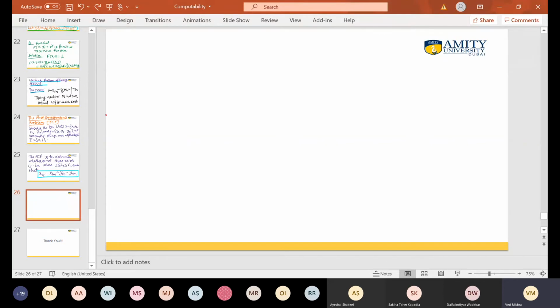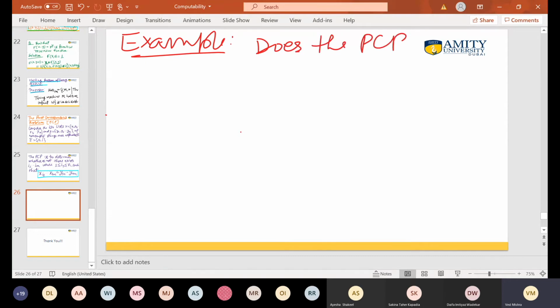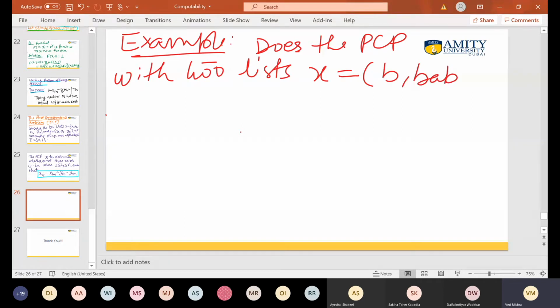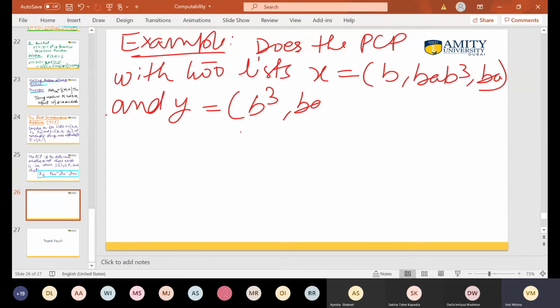Example: does the PCP, post correspondence problem, with two lists X equal to (b, a b^3, ba) and Y equal to (b^3, ba, a) have a solution?